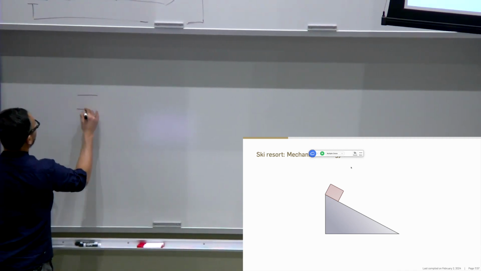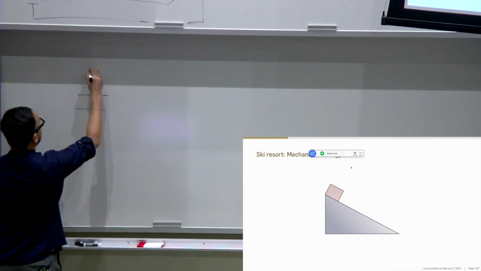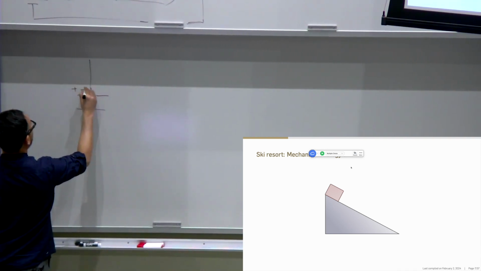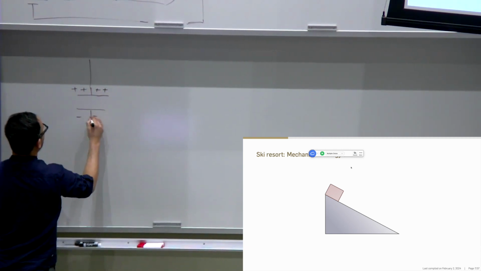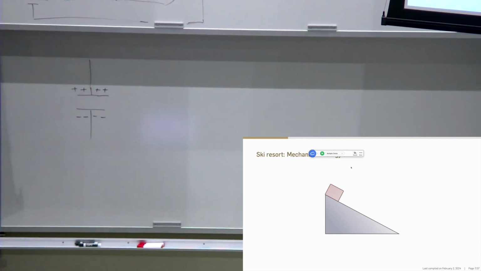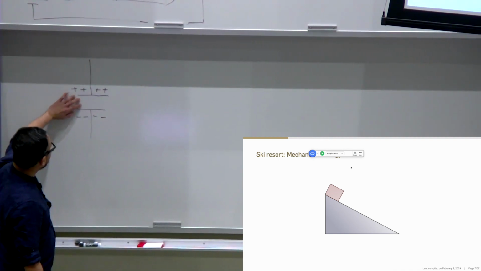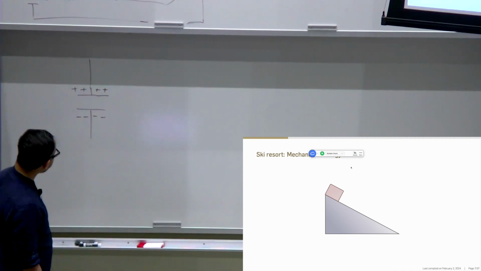So let's say we have a capacitor. A capacitor has plus Q on top and minus Q at the bottom. Let's use the simplest capacitor, which is a capacitor with vacuum.